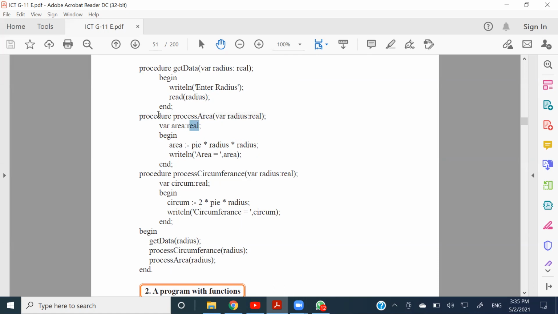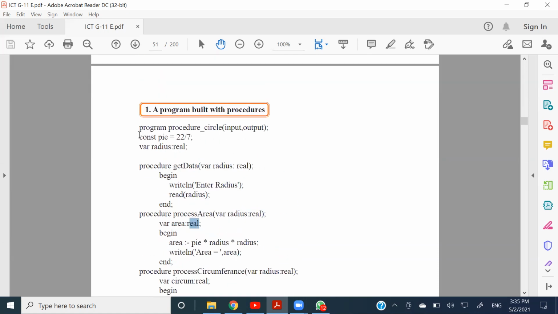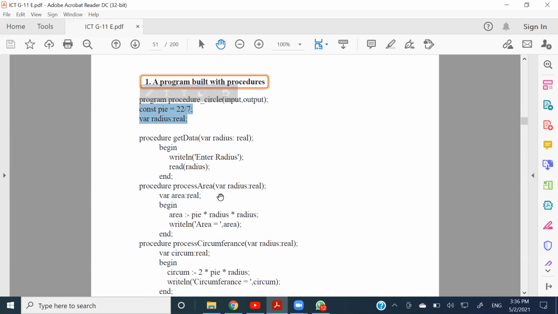So far we knew that after the first line of the program, where we introduce the program name, we have to initialize the variables and the constant. And here comes a new place where we can introduce a variable: inside a procedure. You can do the same inside a function as well.